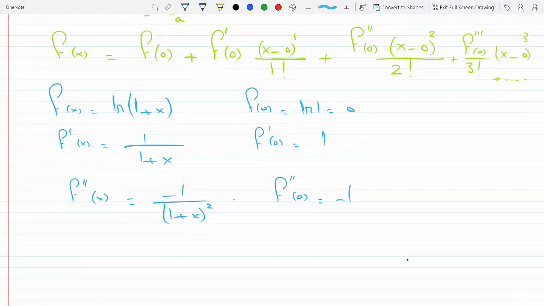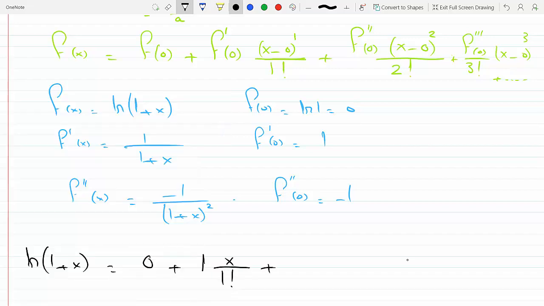So plugging this back, ln 1 plus x is equal to f of 0, which is 0, plus f prime of 0, which is 1, times x over 1 factorial. I'm filling into the Taylor series now, plus f double prime, which is minus 1 over 2 factorial, and 2 factorial is just 2, times x squared, so on and so forth.